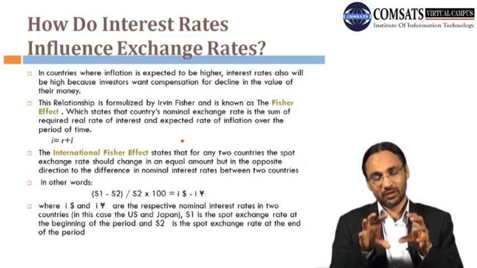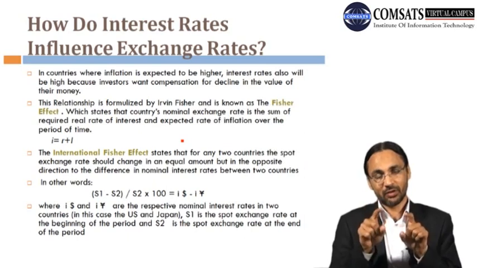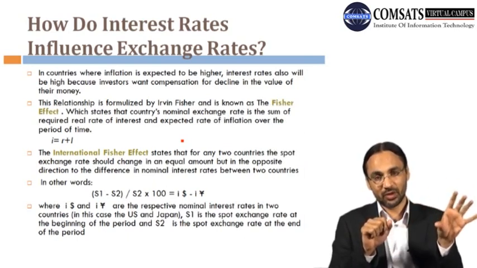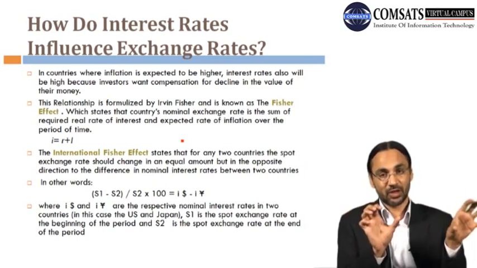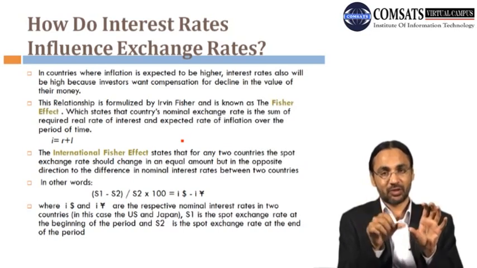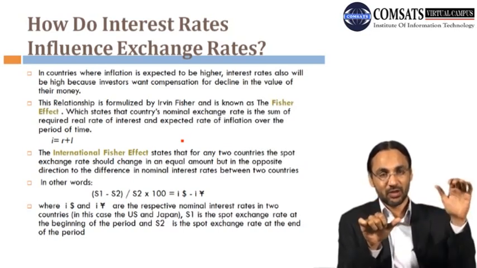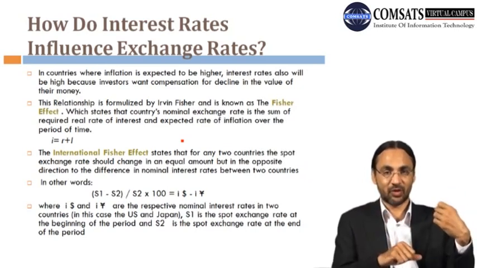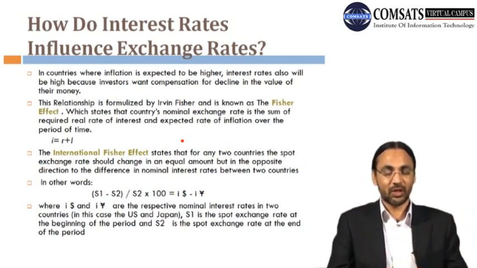That means if there is a difference between the interest rates of two countries, the difference will lead to a change in the spot rate as well, but in the opposite direction. If the difference is positive, the spot rate will go down.